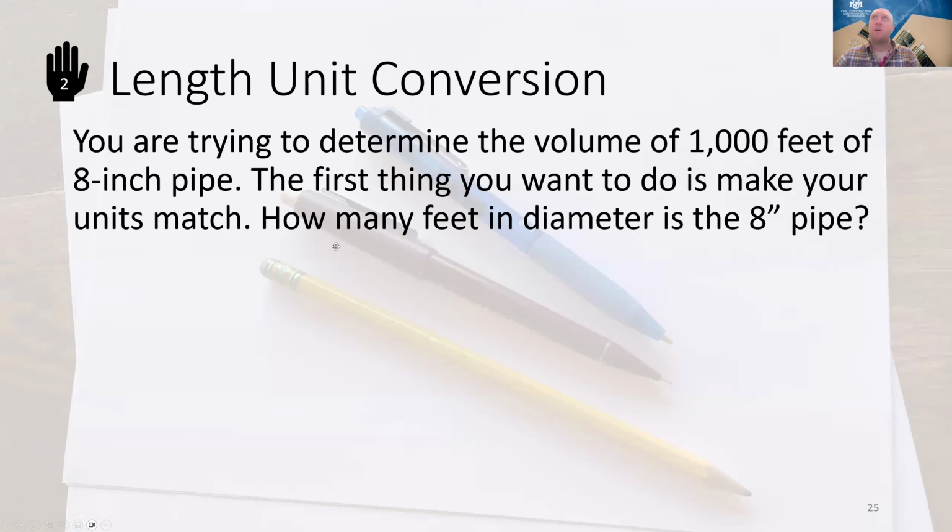Okay, so let me pull up that poll. This is poll 2. Okay. Give you about a minute.